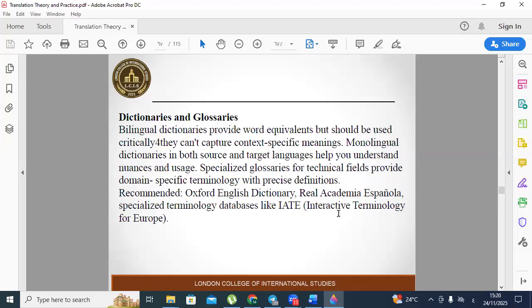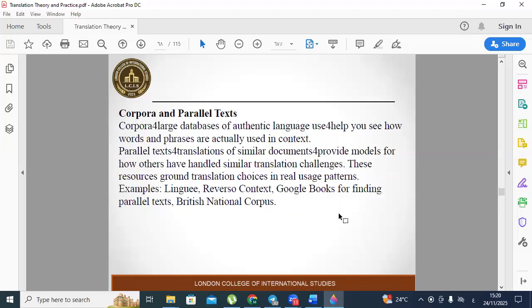Recommended: Oxford English Dictionary, Real Academia Española, specialized terminology databases like IATE, Interactive Terminology for Europe. Corpora and parallel texts.